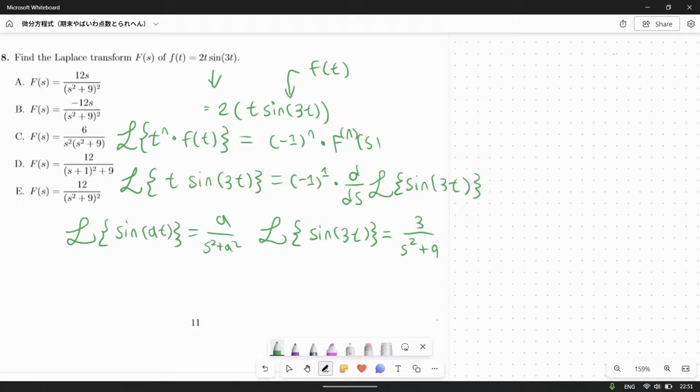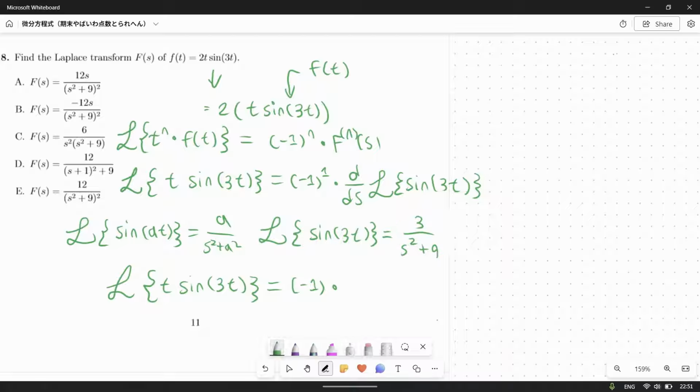So now that we have that, we need to find the derivative of that. So moving this down here, we can ultimately say that the Laplace transform of t sine of 3t is going to be equal to -1 times the derivative of this.